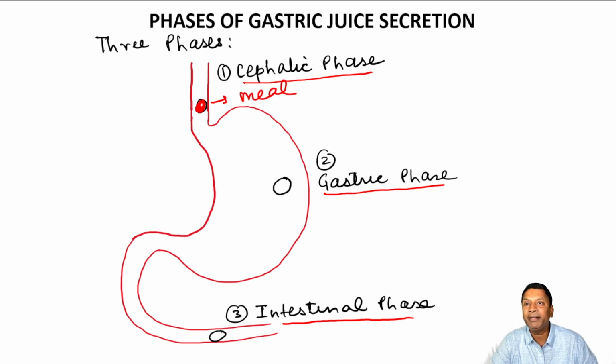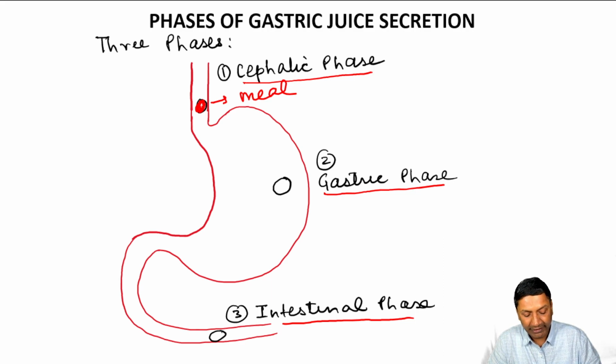It can be in the esophagus, in the mouth, or outside the mouth, even on the plate. On the plate means it is the sight, smell, or thought of the food, right? They may lead to the secretion of gastric juice. Cephalic means towards the head side, so the meal is before the stomach towards the head side. That is called the cephalic phase.